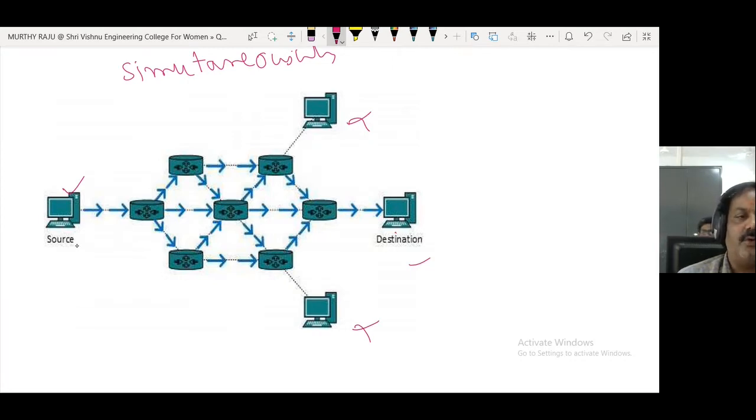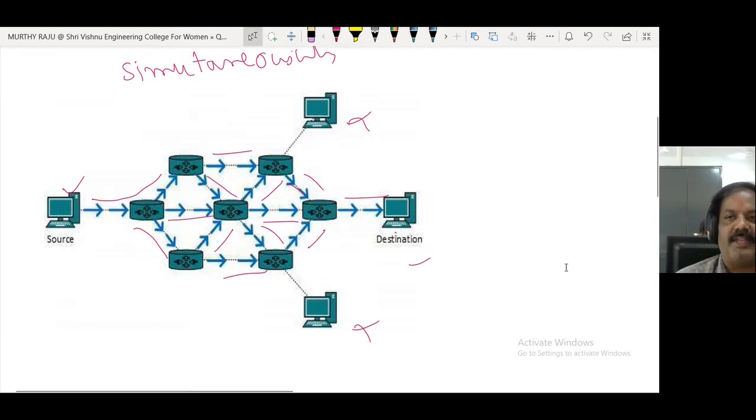The source maintains multiple destination addresses and sends packets to each of them simultaneously. The packets are sent in this fashion, and finally reach the destination. This is called broadcasting.